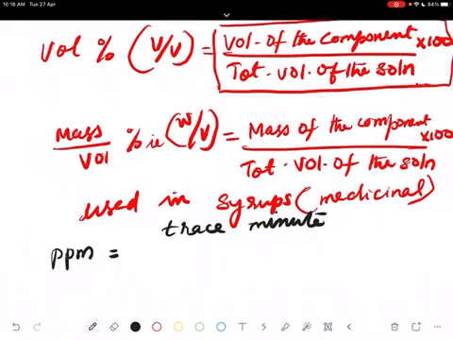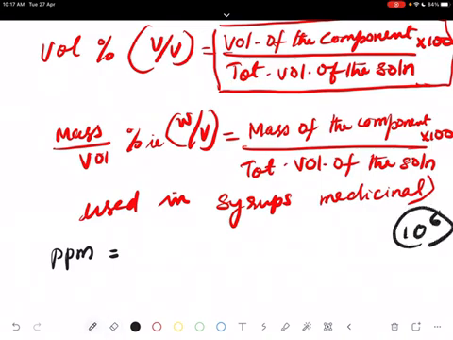The concentration of pollutants in air is often expressed in ppm, parts per million. It means in 1 million, how much is present? In 1 million gram of the air, how much gram of this pollutant is present? 1 million means 10 to the power 6.